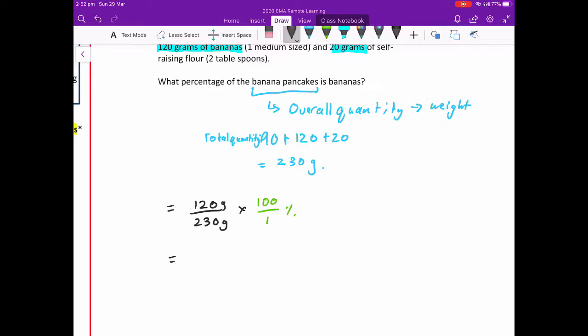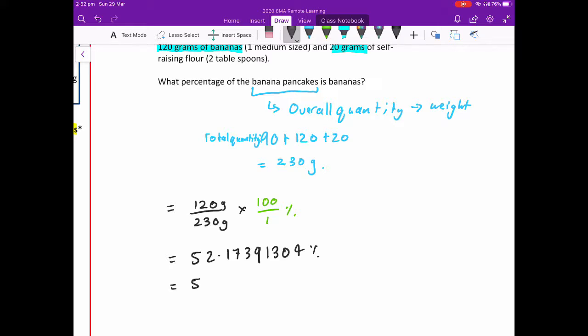So I'll go 120 over 230 multiplied by 100 over 1, and you should get, as a decimal, 52.17391304%.